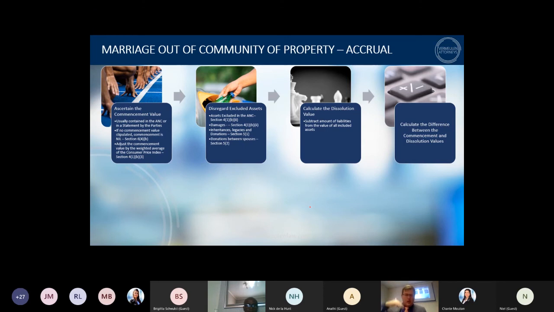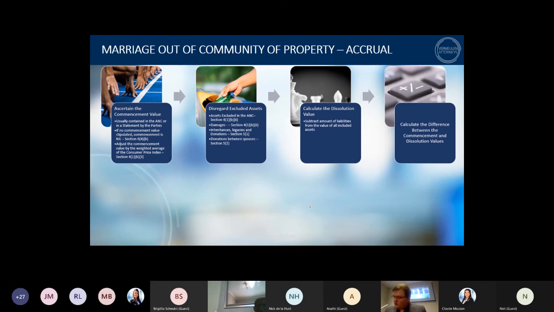What are you worth now? But before you can get there, you go to step 2. You disregard excluded assets. So you're going to say to your client, whether it's someone who's using you as their attorney or whether it is a party to mediation, give me a copy of your ANC. Give me your balance sheet as it stands now. Look at your assets and liabilities.